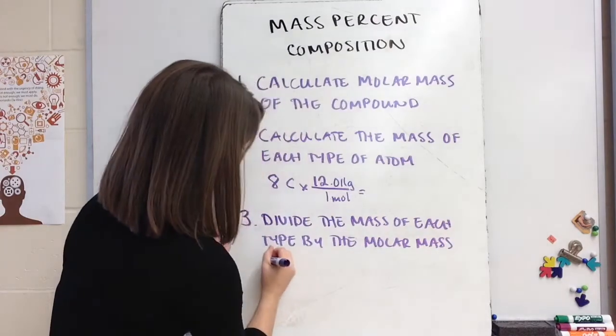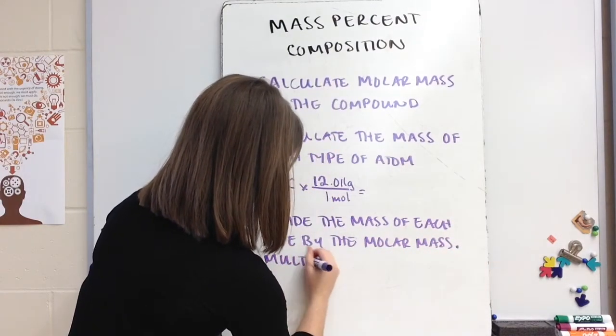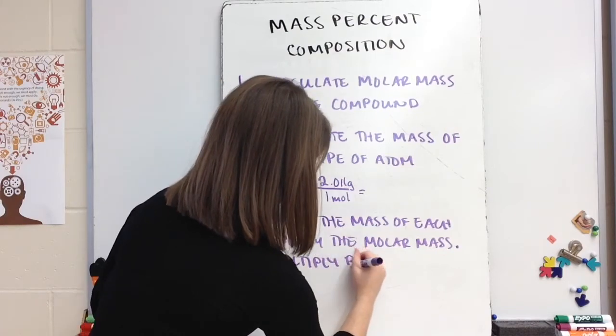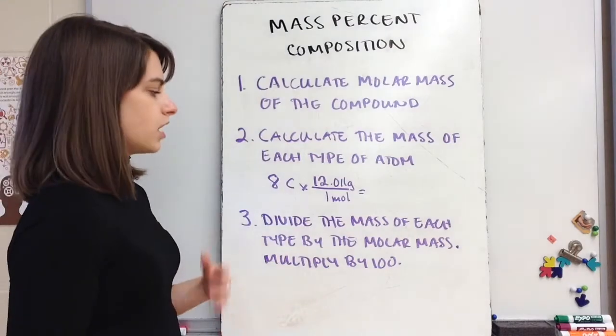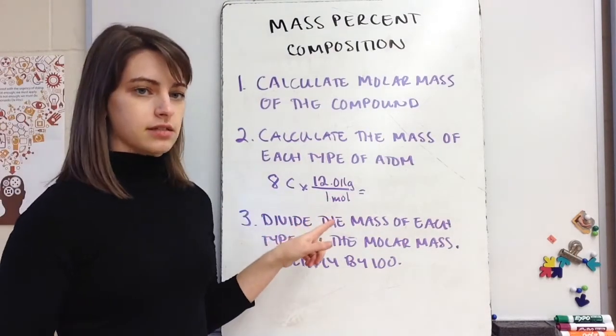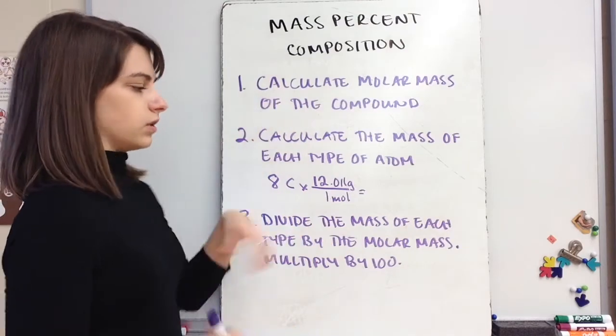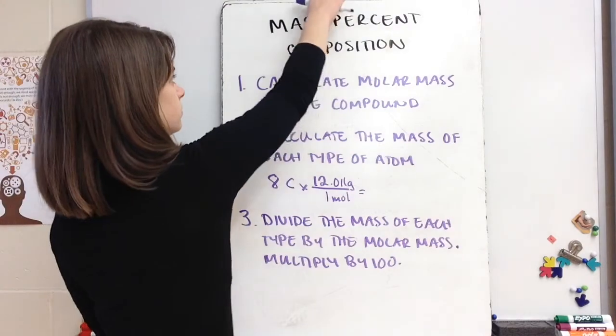And then multiply by 100. That gets it into the percent form. So we're basically going to take what we get in number 2, so the mass of all of our pieces, divided by the mass of the whole, times 100. So let's do a couple of examples.